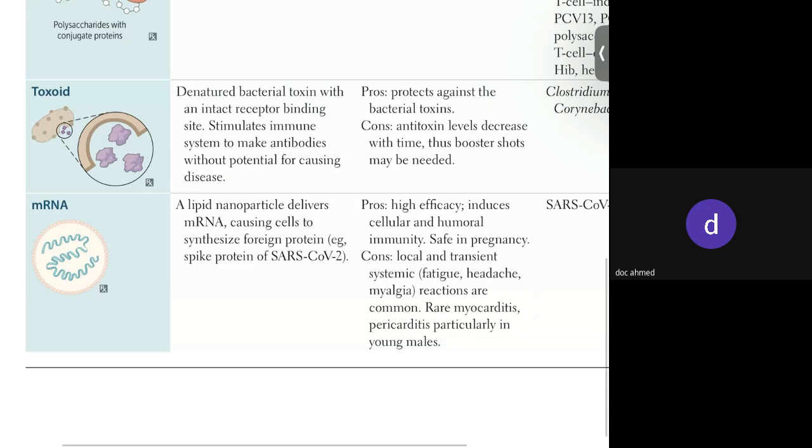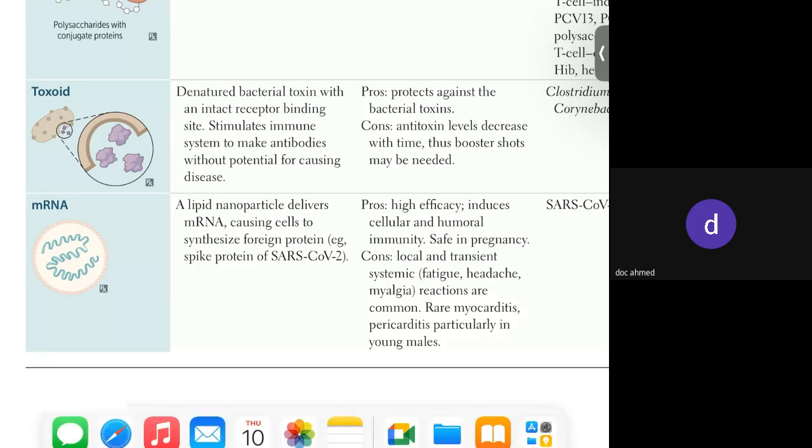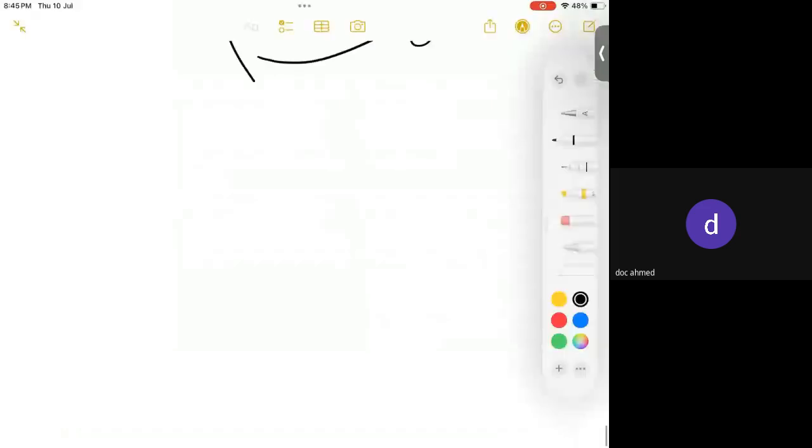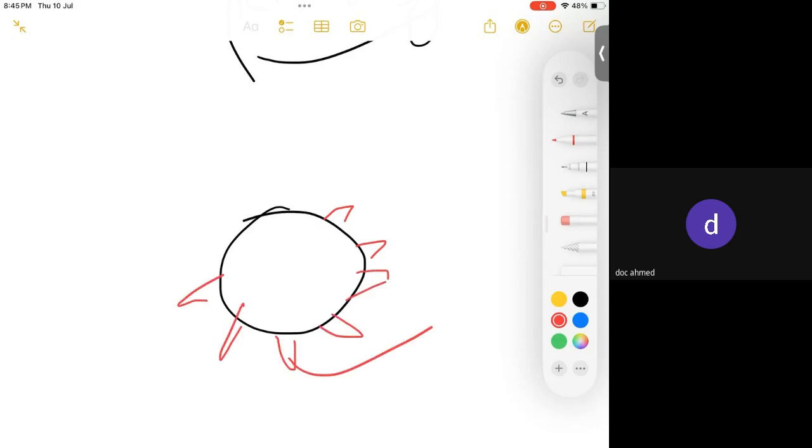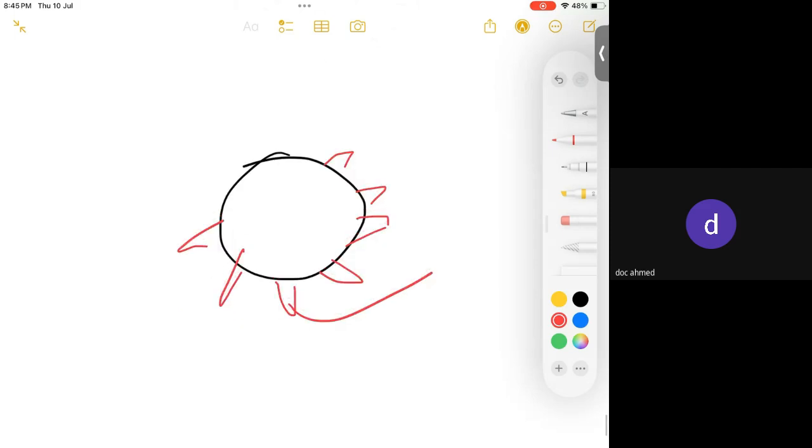So let's suppose, in case of COVID, if this is the COVID virus, we have something called spikes, and these spikes of the COVID are the dangerous part, the main component of the virus, which is really deadly. So instead of training your immune cells against the entire virus, let's specifically train them against the spikes. Does it make sense?